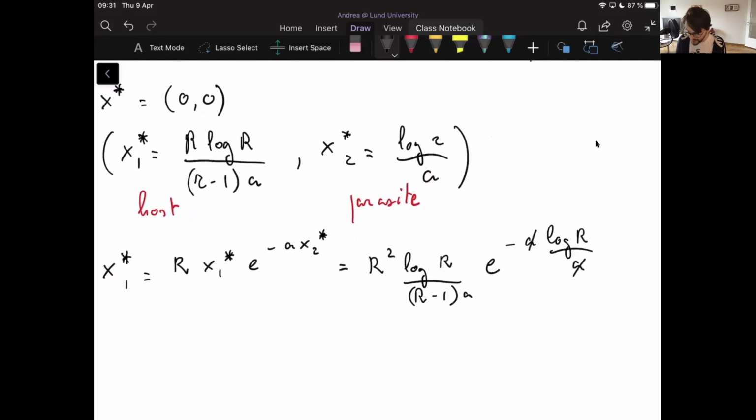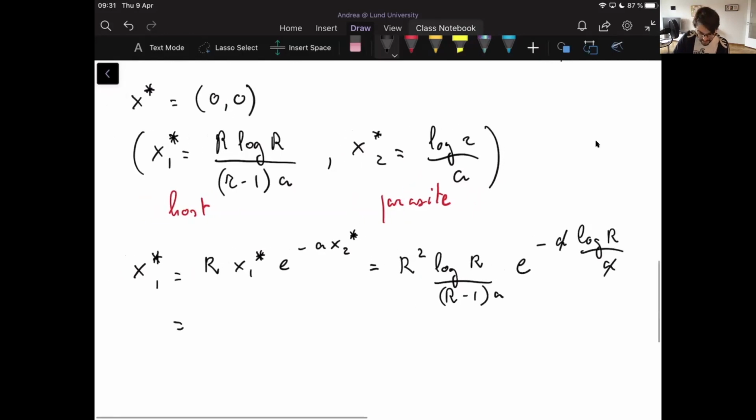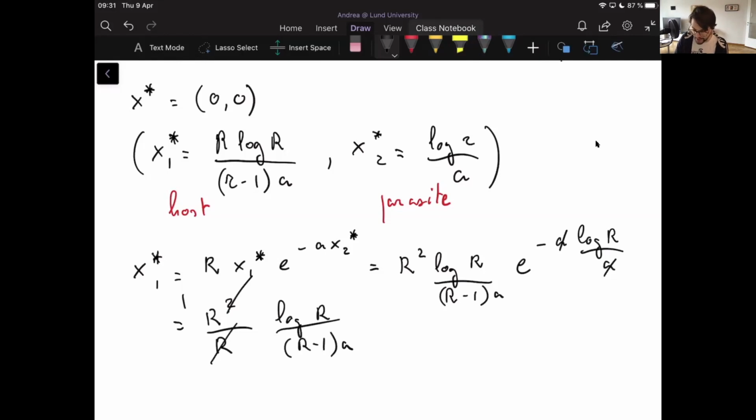So a and a get simplified, and then you're left with r squared divided by e to the power of minus log r, which is 1 divided by r. So this is what you get. And then you have logarithm of r divided by (r minus 1) a. This gets simplified here, and then you obtain the fixed point above. So this was big R.